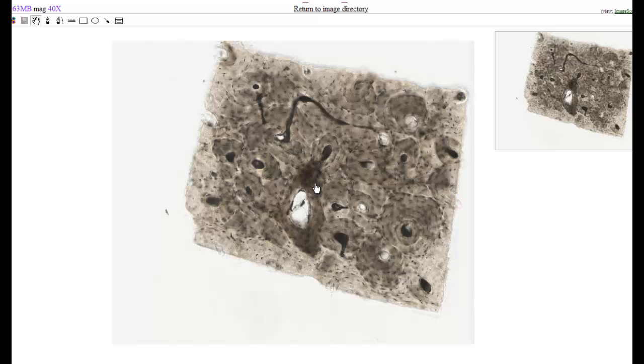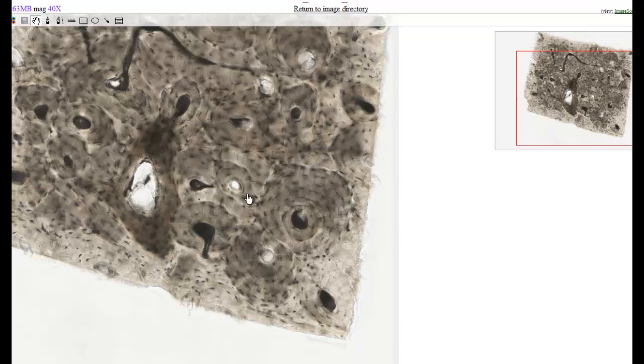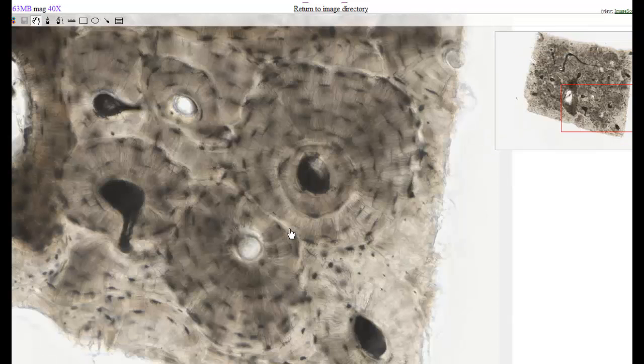Okay, here we are, and we can look at now a cross-section of compact bone, and I hope you think that my drawing did a little bit of justice to this structure. So if we look right here, this is one osteon or Haversian system. Here we have the Haversian canal at the center, and you can imagine a blood vessel and or blood vessels, arteries and veins, as well as nerves in this region.